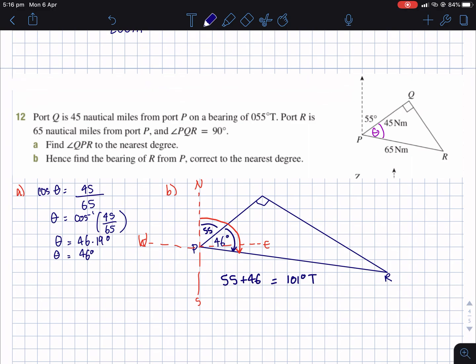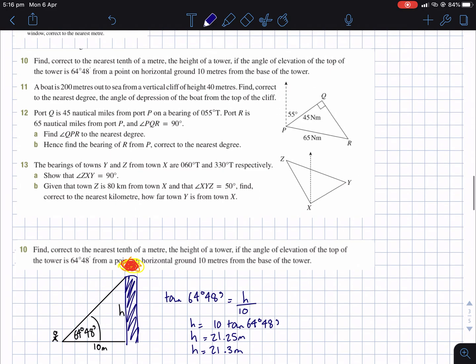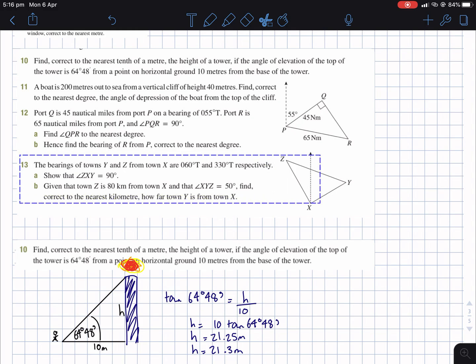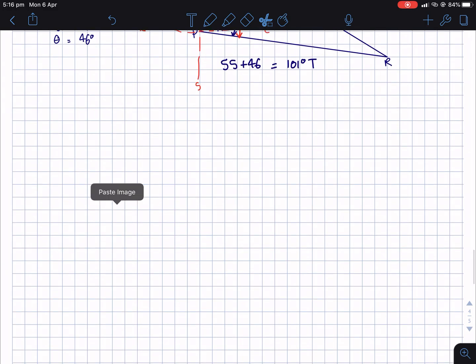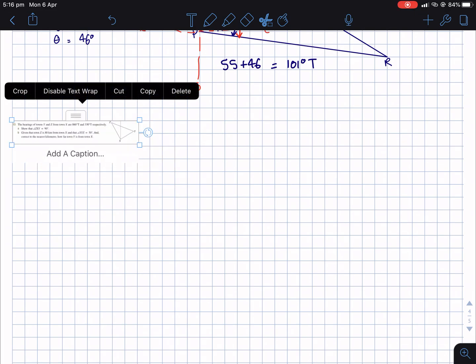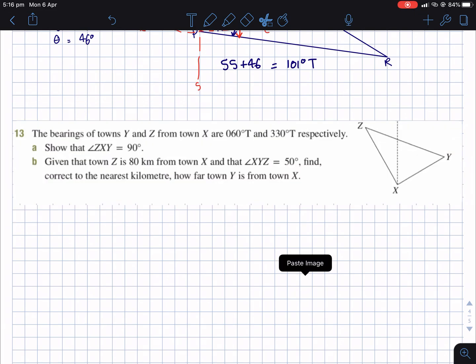That's question 12. Last but not least for this video, question 13. Bearings Y and Z from town X are 60 degrees and 330 degrees respectively.